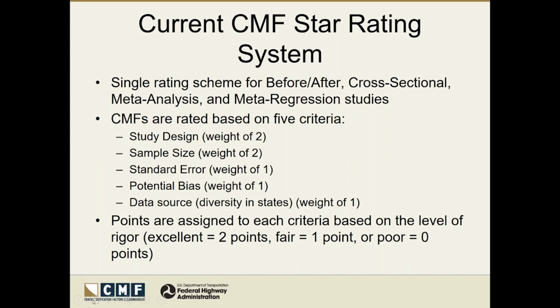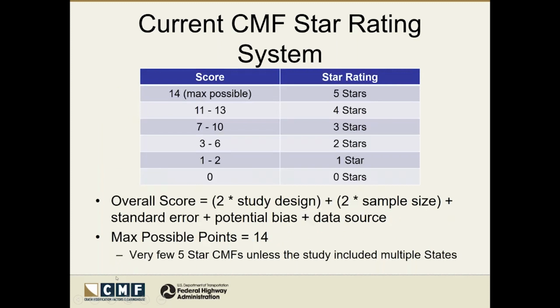So from that, going to the next slide, you'll see when taking these points, applying them to that overall score equation, you then summed up the values to get the total points for a specific study that was done to produce a CMF, and that score then is linked to the star rating as illustrated with the bins shown here.